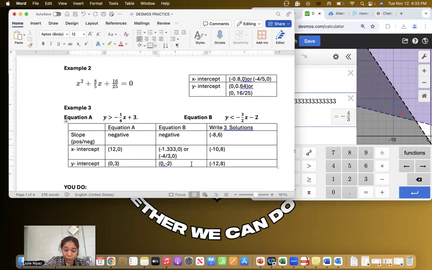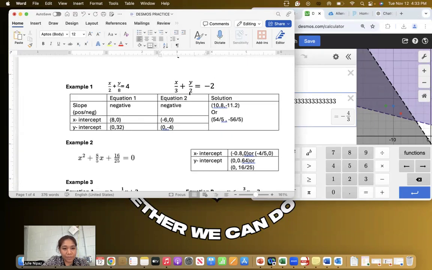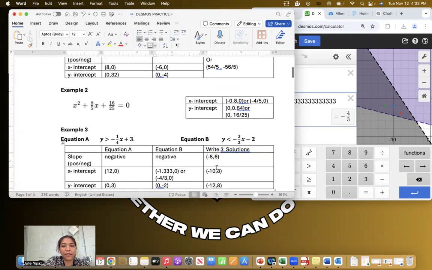So you have to be familiar with your Desmos. That's why this is called Desmos practice. How to write those equations with fractions, how to find your x-intercepts, y-intercepts, and your solutions, and how to convert those decimals into fractions. So those are the main things in here.